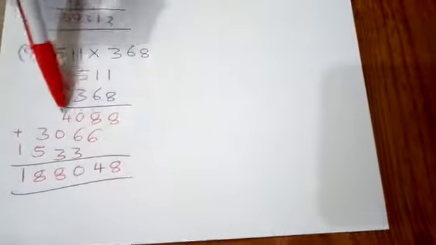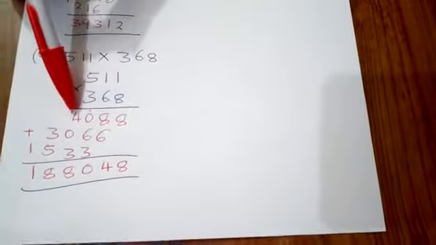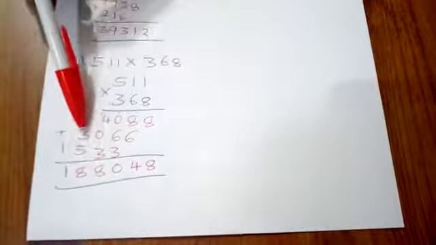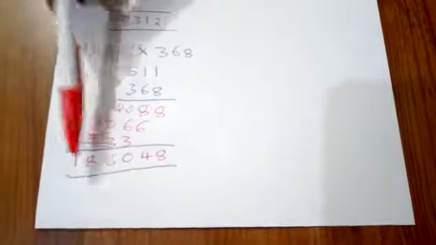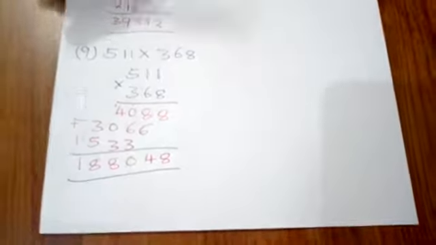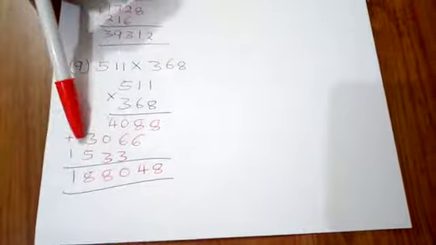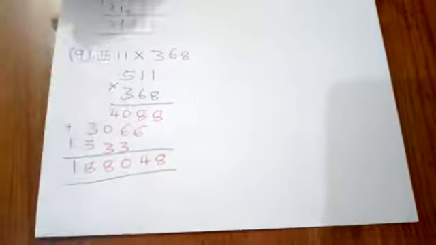So we write 0, we carry 1. So 1 plus 4 is 5. 5 plus 0 plus 3 is 8. Next one, 3 plus 5 is 8. And lastly, 0 plus 0 plus 1 is 1.